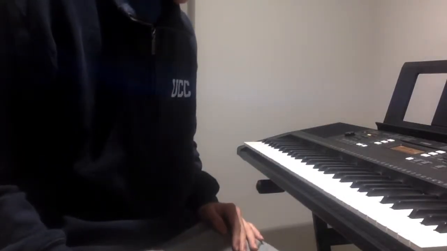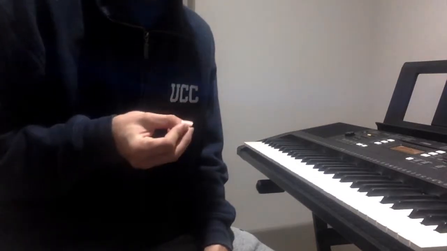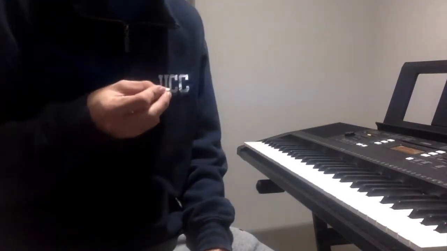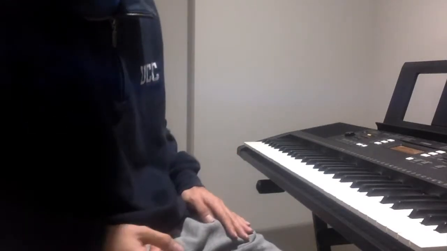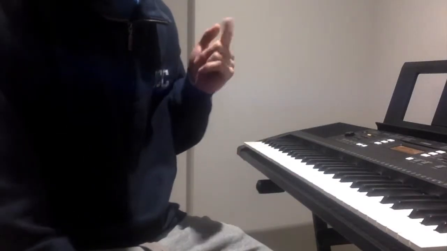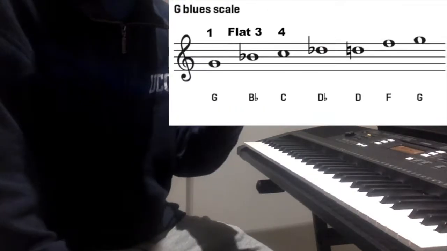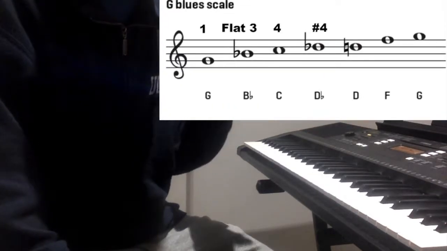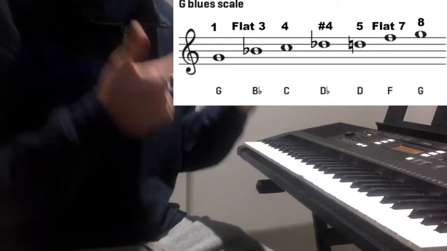The blues structure is a really minor tweak on major scales or minor scales, because blues can also be minor. So the structure goes like this: 1, flat 3, 4, sharp 4, 5, flat 7, and the tonic, or 8.